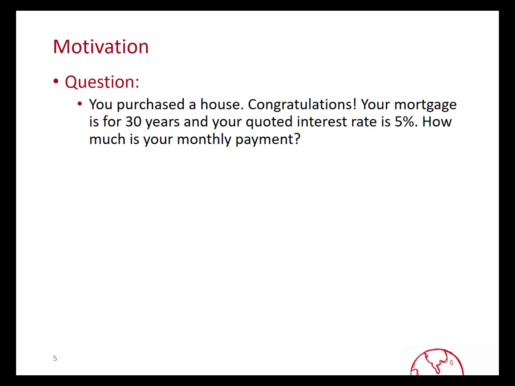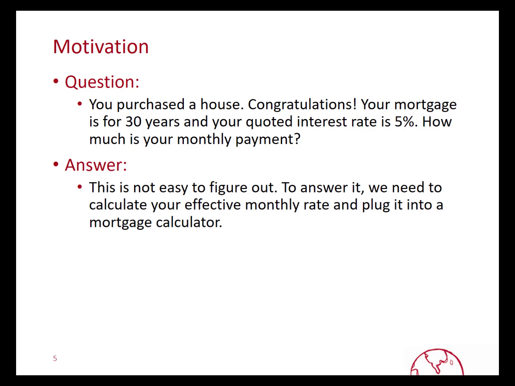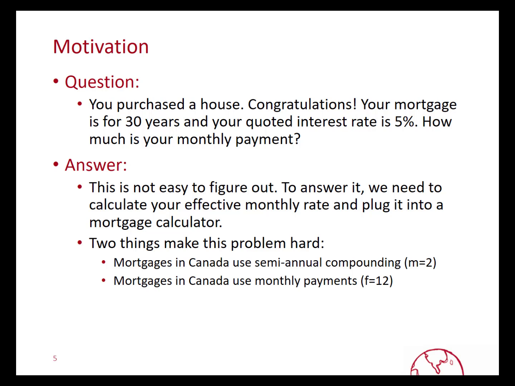So let's say you purchase a house and you take out a mortgage for 30 years with a quoted rate of 5%. How much will your monthly payment be? This turns out to be quite a complicated problem. It's not easy to figure out, and the reason is that there are two things you need to know about mortgage rates.